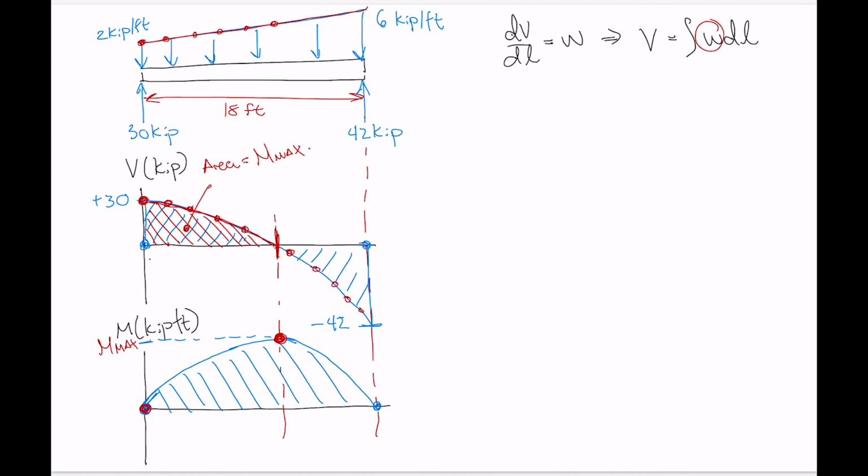Easy. Now, when you're figuring out what the equation for distributed load is that you're going to integrate, I'd recommend you actually draw a quick sketch of how distributed load varies with length.